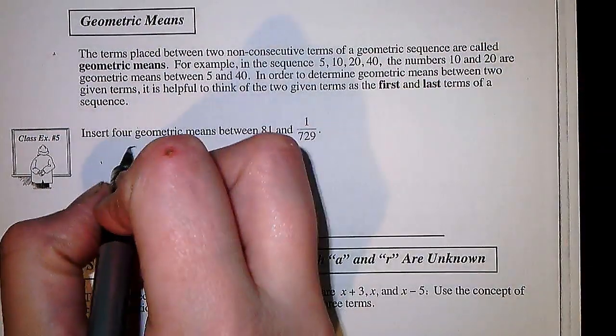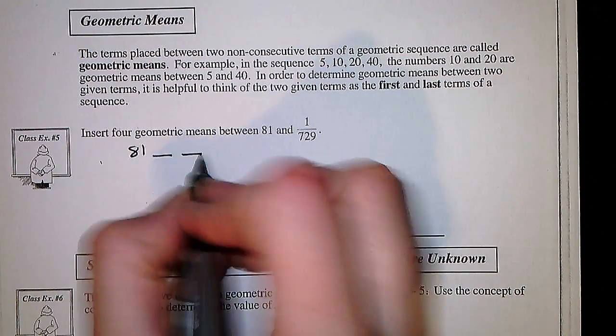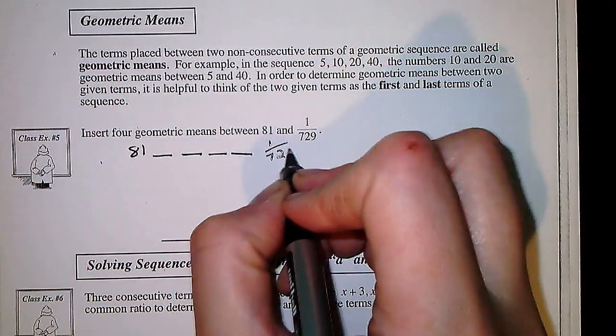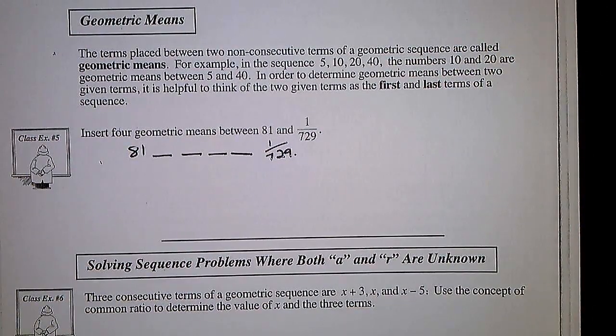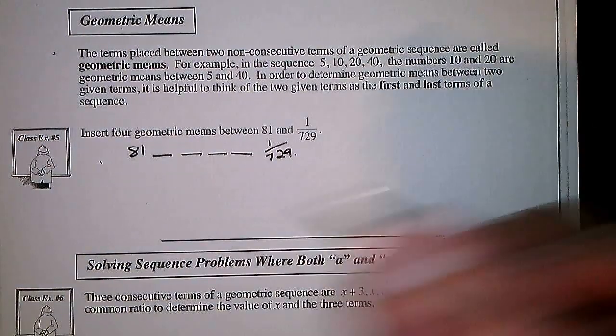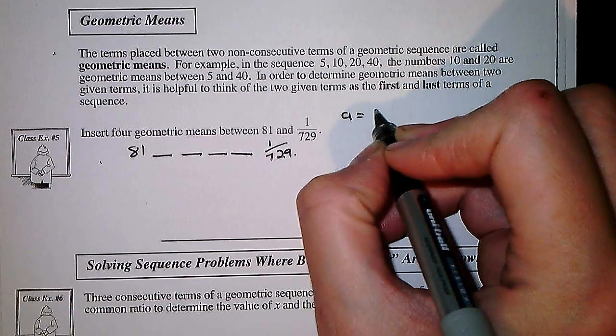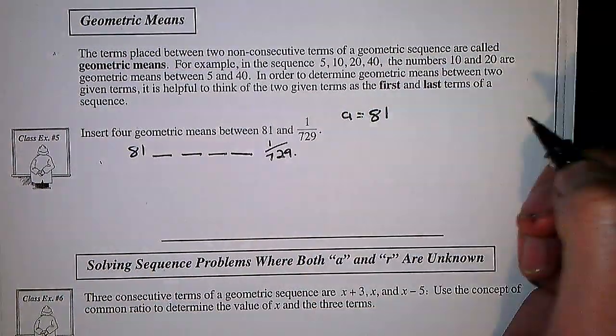So how that would look is we'd have 81 and then 4 unknown terms, and then 1 over 729. So we do not know what the common ratio is, and we're going to have to use some problem solving skills to figure out what it is. Okay, what I do know here is that I'm going to set that as my first term, so it's 81.